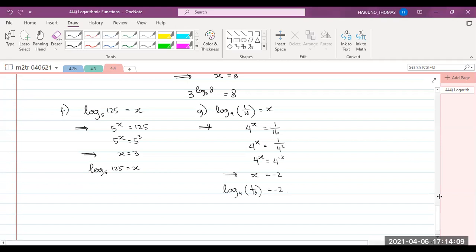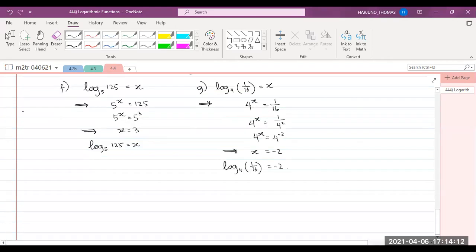Now, one of the key components of this section is, and I even want to call this a theorem, that the log function is the inverse function of the exponential function.